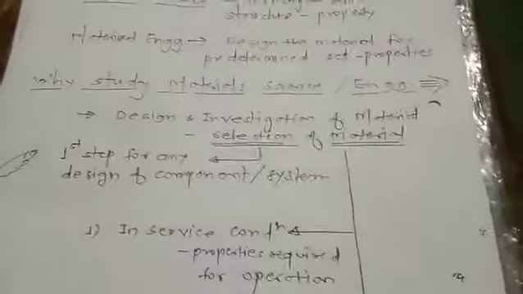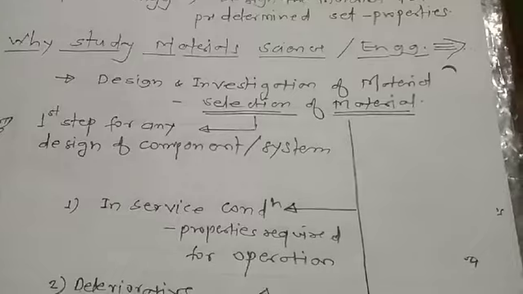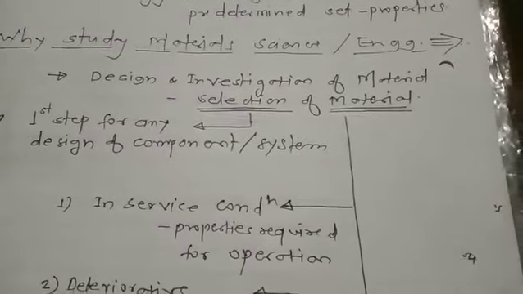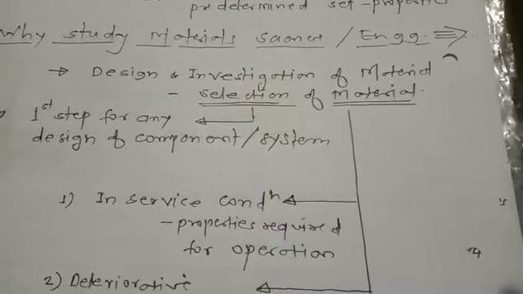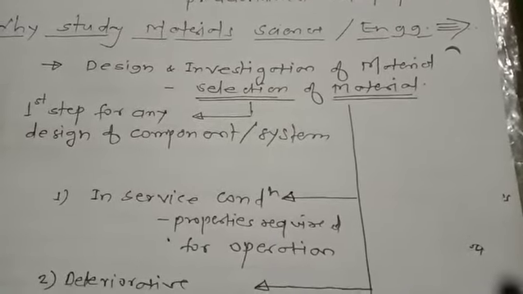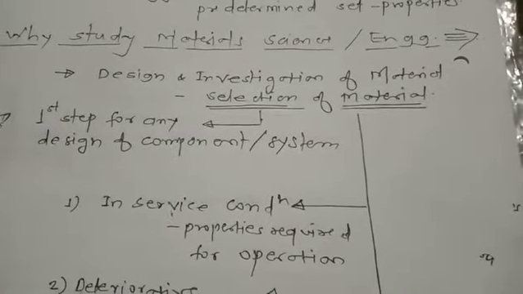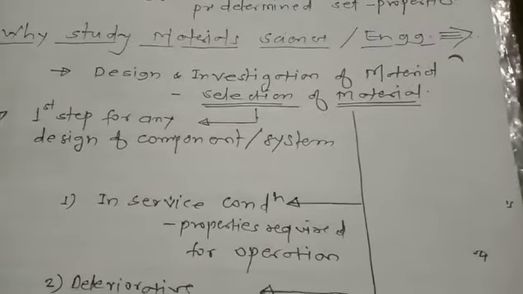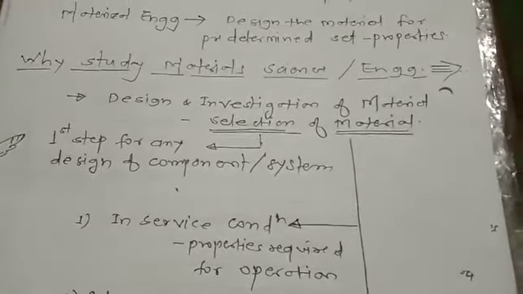Then next we will go to why study material science. Why study this particular subject? This is very important, so listen carefully and always remember throughout your engineering. Why is it required to study material and metallurgy? This subject is very important.